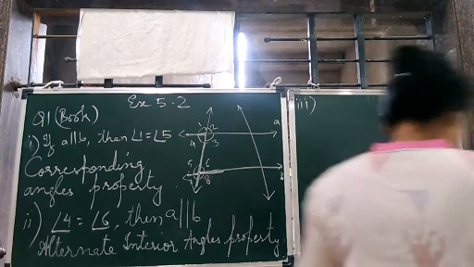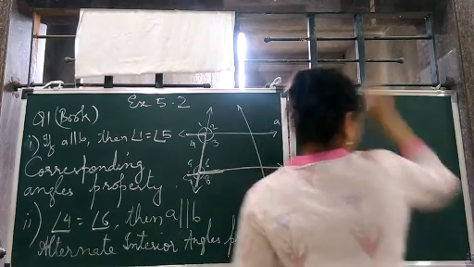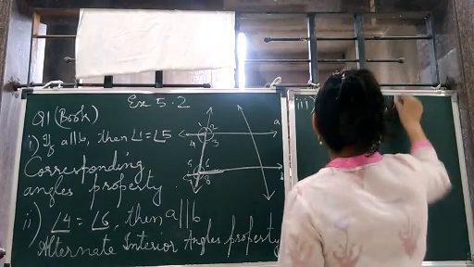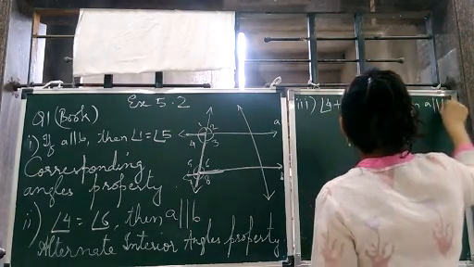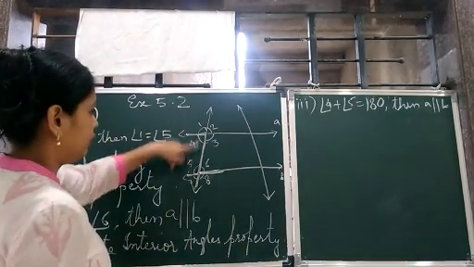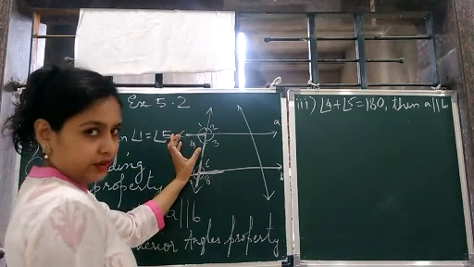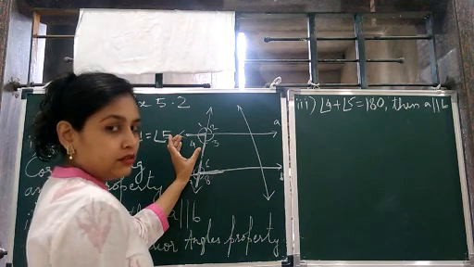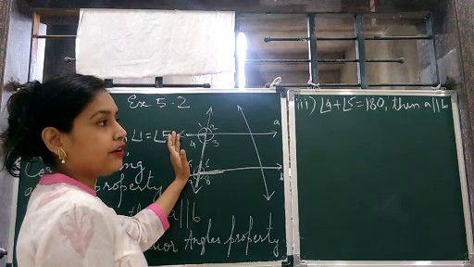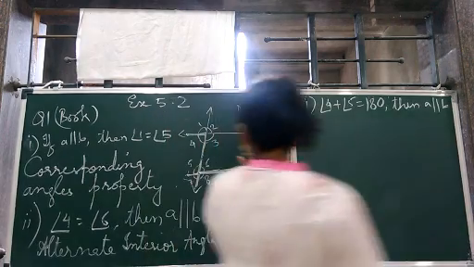Angle 4 plus angle 5 is equal to 180 degree. Then A is parallel to B. Angle 4 plus 5, you can see interior angles and on the same side of the transversal, right? So which property? The interior angles on the same side of the transversal are supplementary. That property.